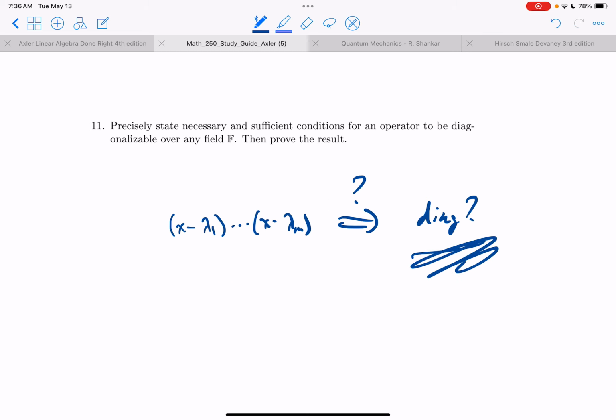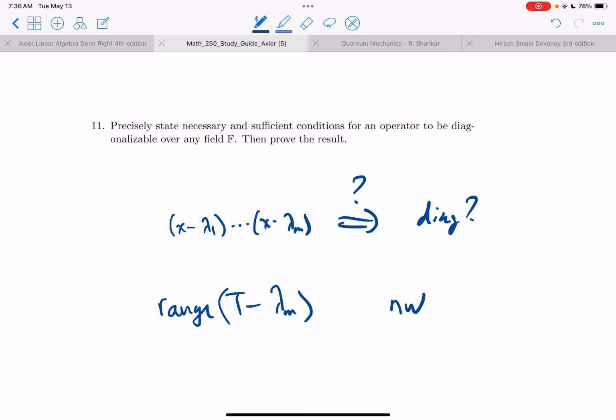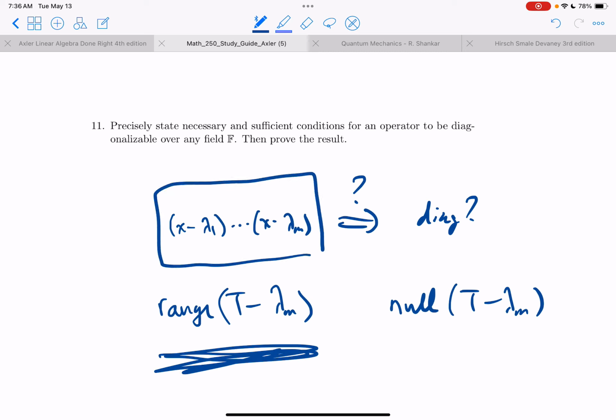The key, again, is to look at the range of t minus lambda m and also the null space of t minus lambda m. And then you're going to use induction on the number of distinct factors.